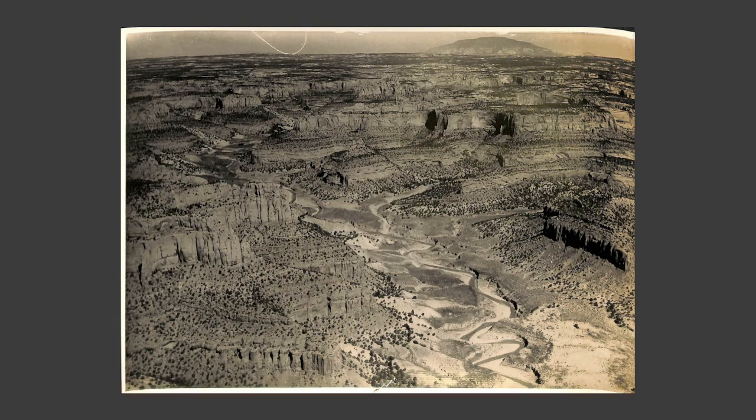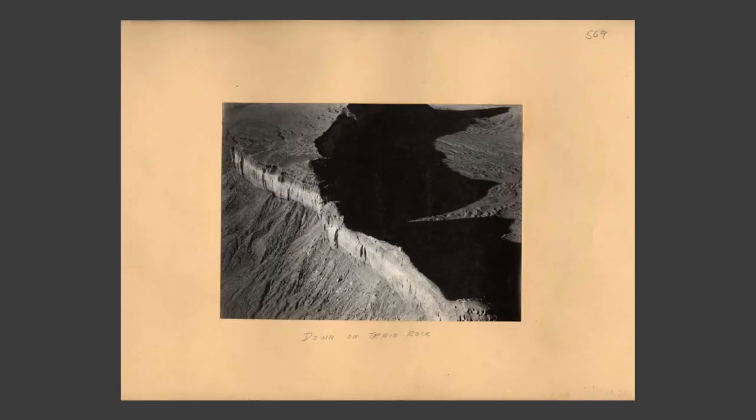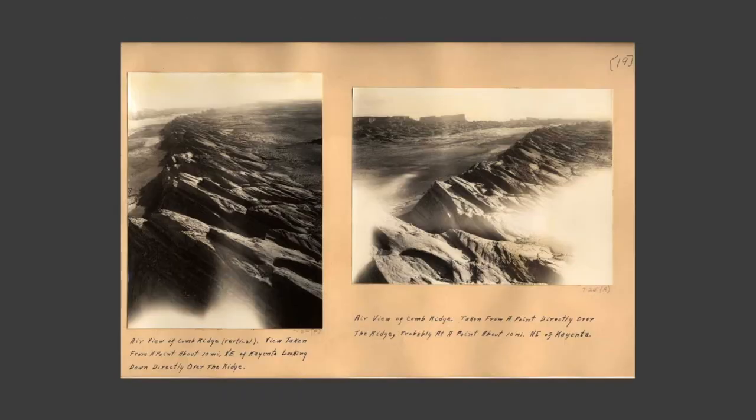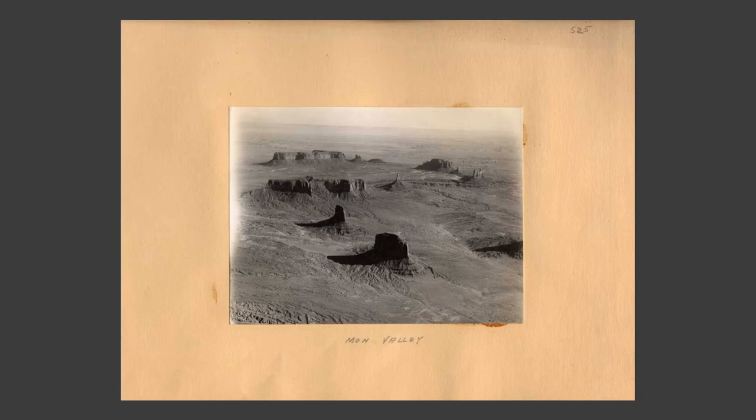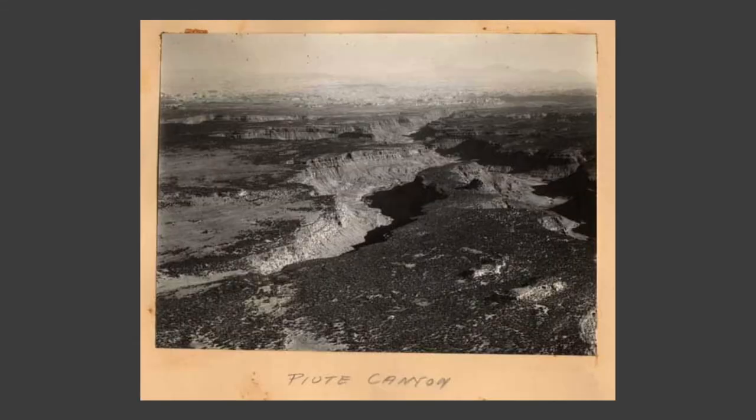These are some of the aerial shots that were taken, and you can just appreciate the vastness, the ruggedness of this terrain. This is looking down on Train Rock. Some of them are named. Comb Ridge, Monument Valley, Navajo Mountain, Paiute Canyon.